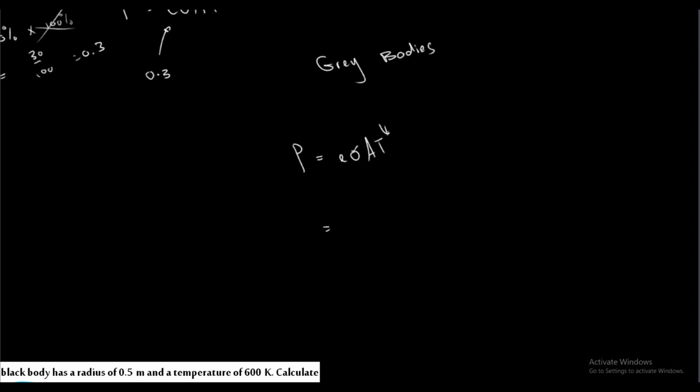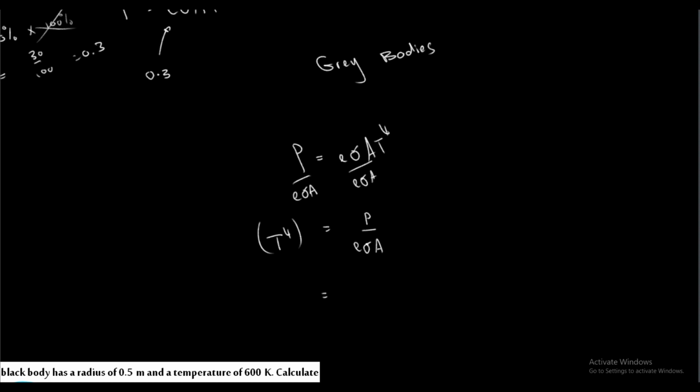How I can rearrange to solve for T is I can divide both sides by emissivity, Stefan Boltzmann's constant, and area. So I get then that T to the fourth is equal to the power radiated over emissivity times the Stefan Boltzmann's constant times the area.